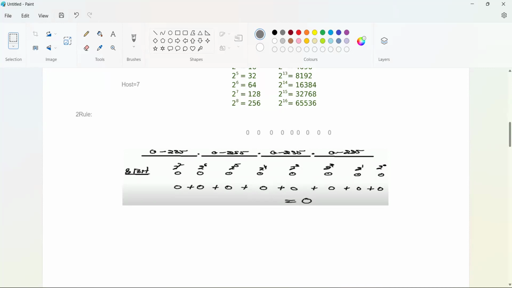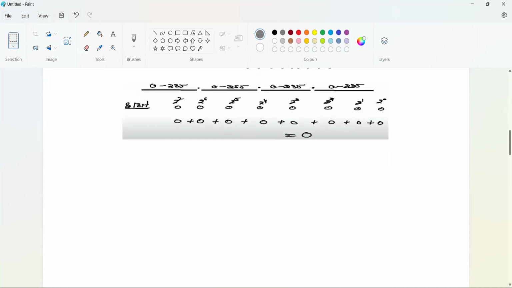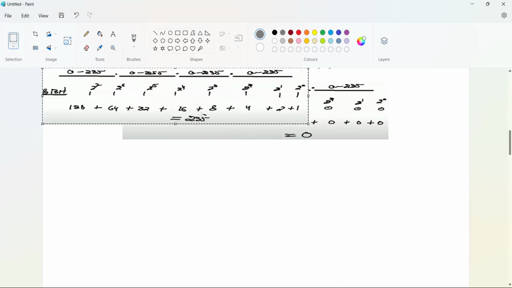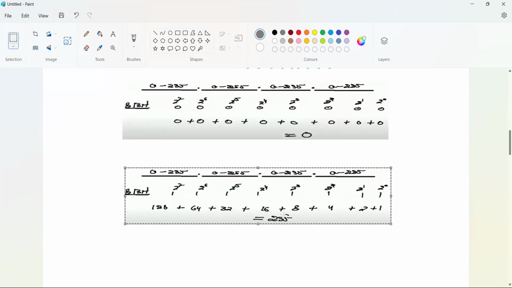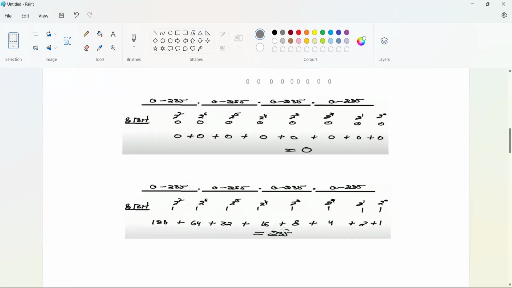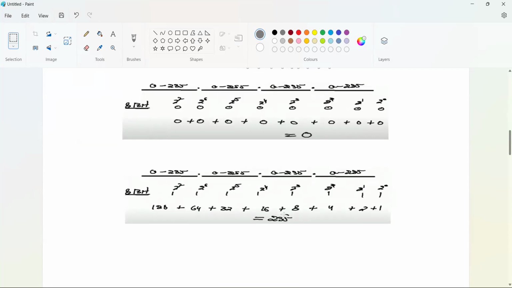If I am taking valid values like 1, 1 to the power of like here. Understood?